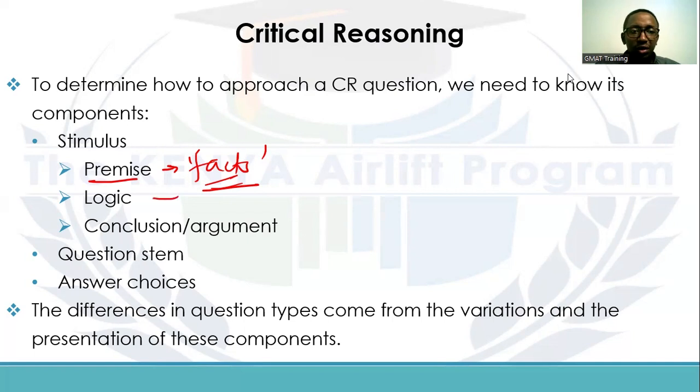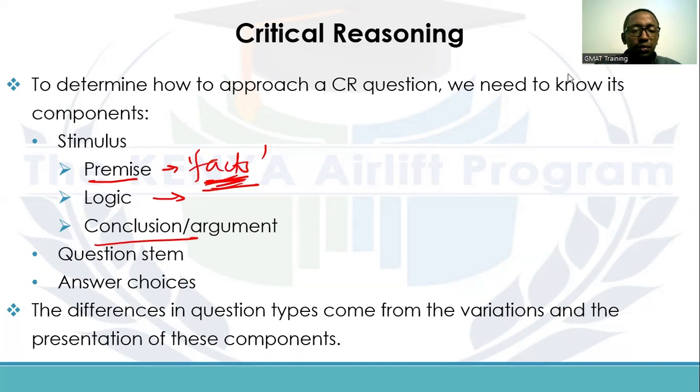And then we have the logic. Most of the time, the logic is more or less unstated. But this is what links these facts to a conclusion. So given these facts, the author now draws a conclusion. So logic connects a premise and a conclusion or argument.